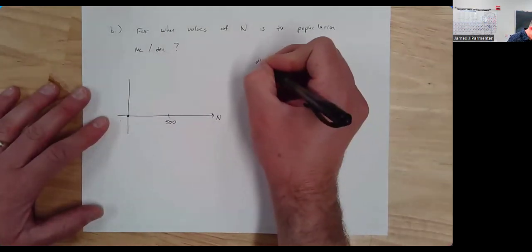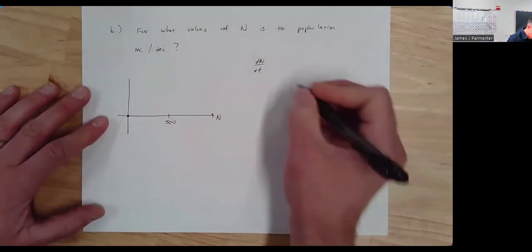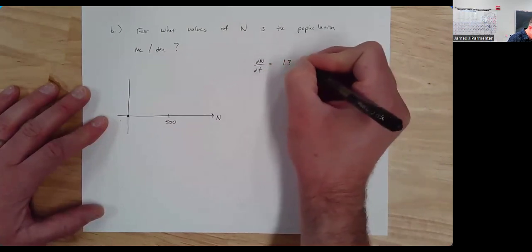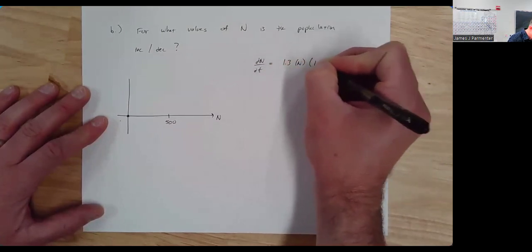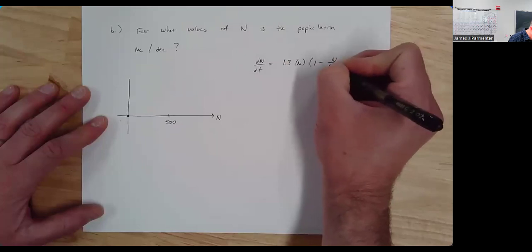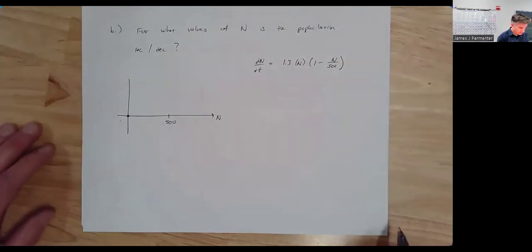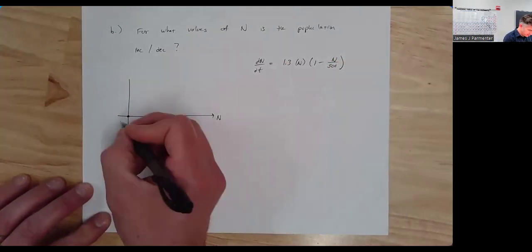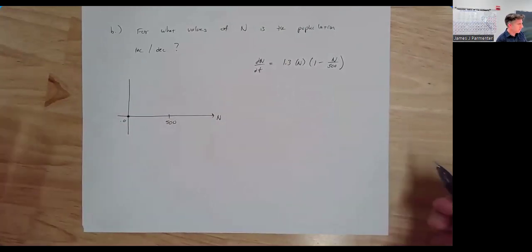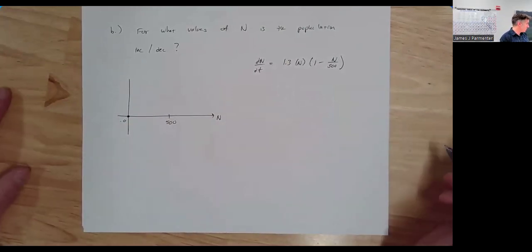But let's remind ourselves that our differential equation is 1.3 times n times 1 minus n over 500. So between 0 and 500, let's pick a value of n to plug in and see what we get. I want to pick something easy like 1.